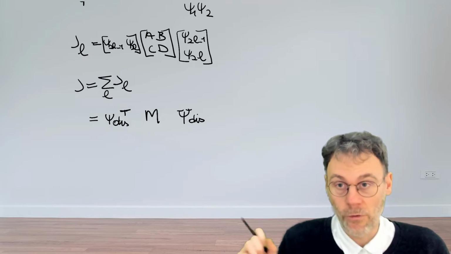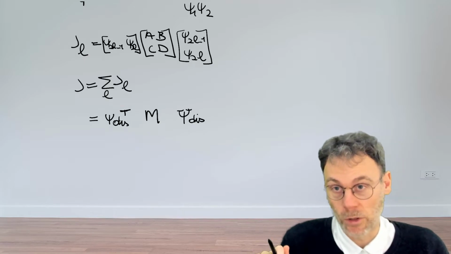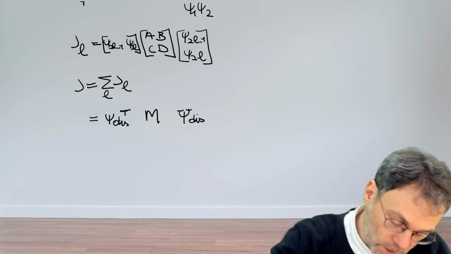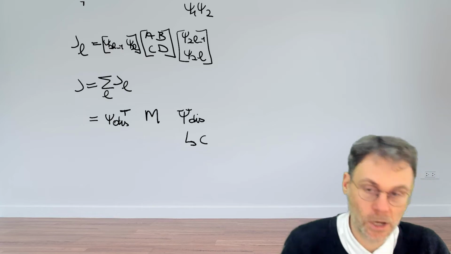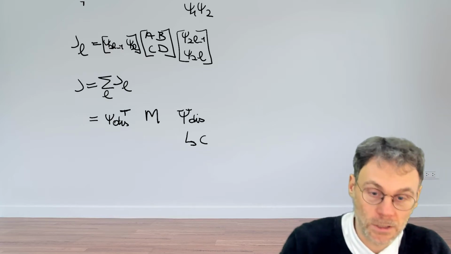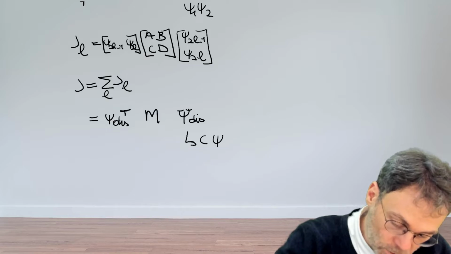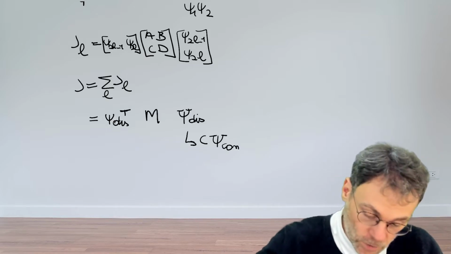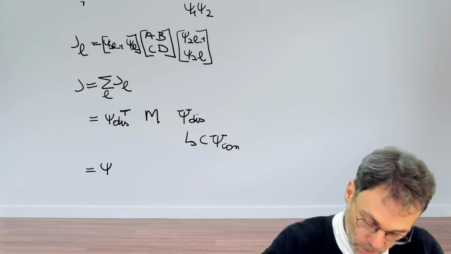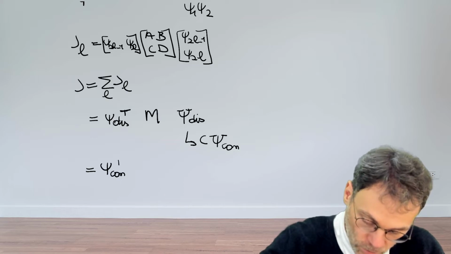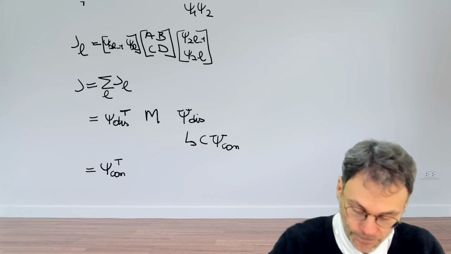You might remember from a previous step that what we really want to do is move from the disconnected numbering scheme to the connected numbering scheme. And the relation there is given by this connection matrix. So psi disconnected can be written as the connection matrix times psi in the connected numbering scheme. So finally, by doing that, you reduce the number of unknowns to only those in the connected numbering scheme.